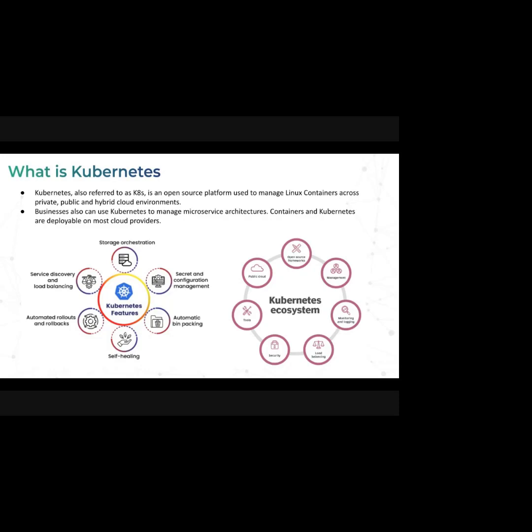I think we understood in the last slide that by default, containers work in a volatile mode. If you want to make it more stateful, you have to attach a persistent volume. In Docker also, as I mentioned, you can attach a persistent volume. But storage orchestration in Kubernetes is a very good feature compared to Docker because Docker only supports one or two types of storage attachment.